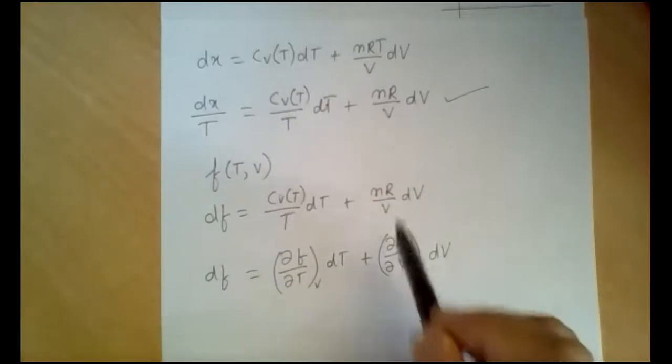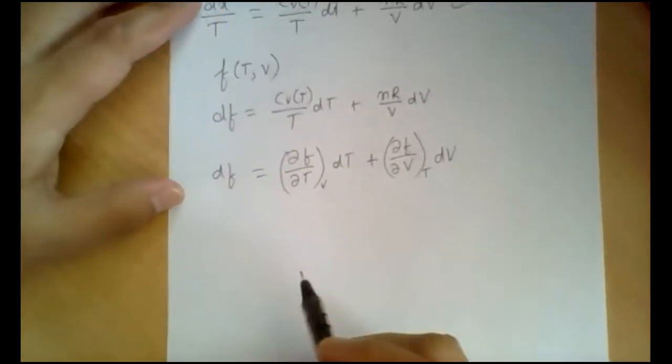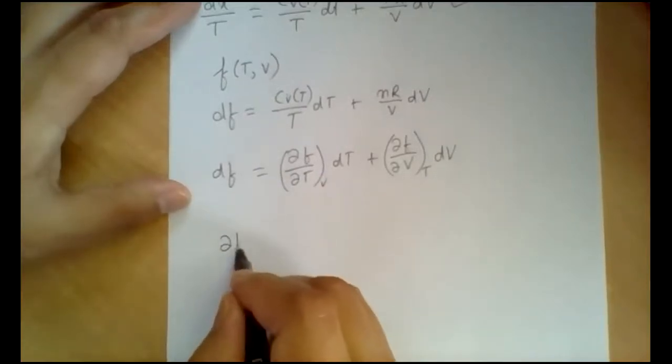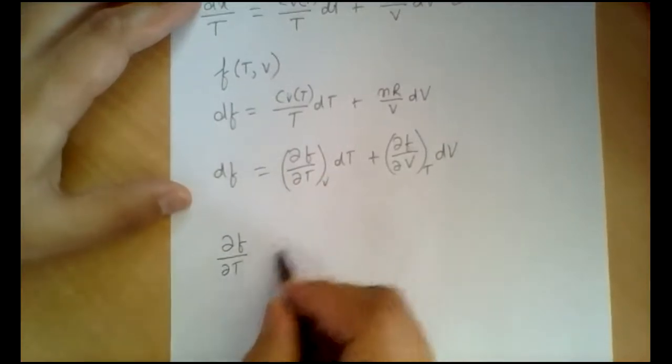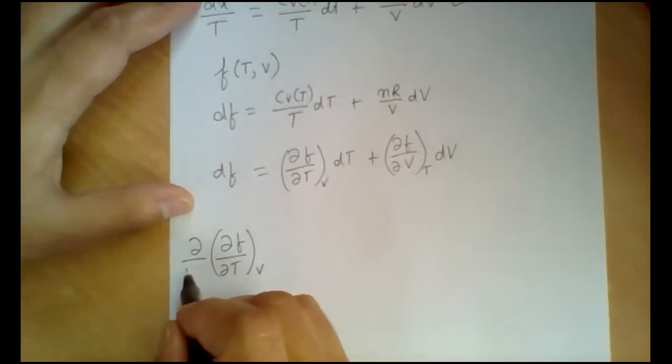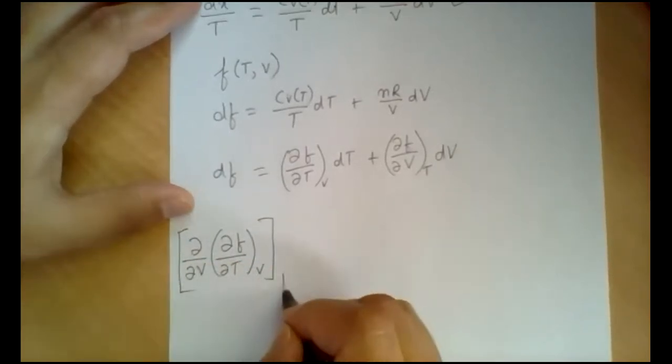You compare this and this. Let us calculate the cross second derivatives. So del F by del T at constant V, now differentiate this again with respect to V at constant temperature.